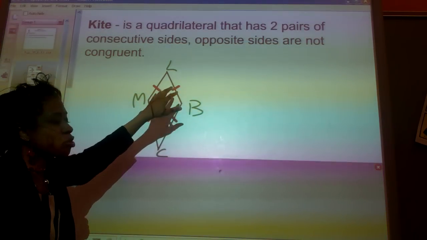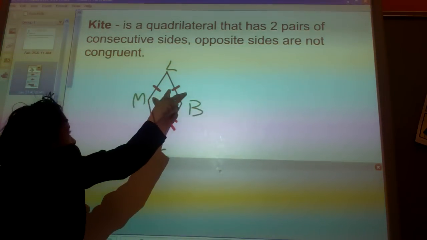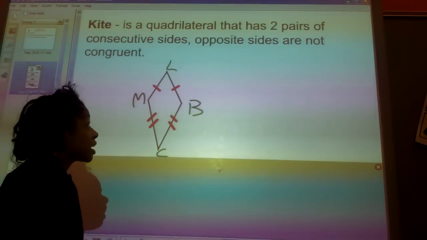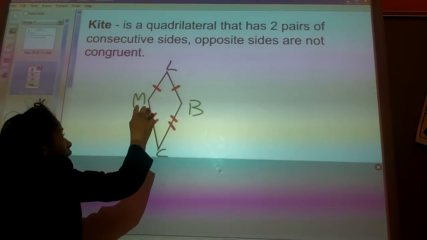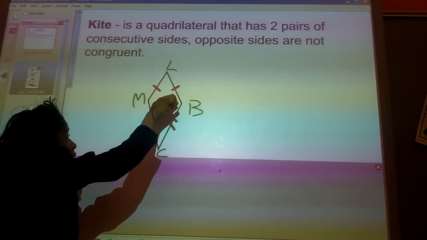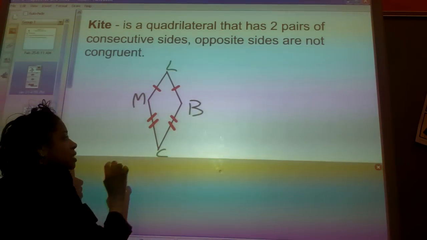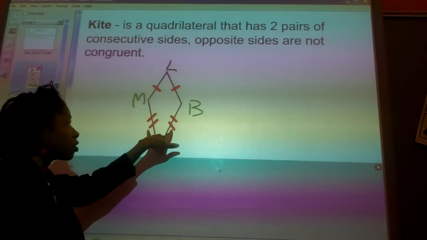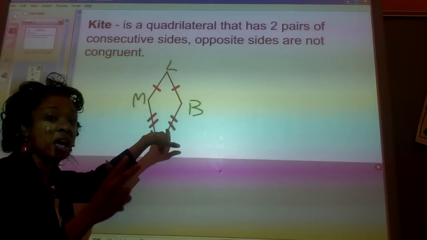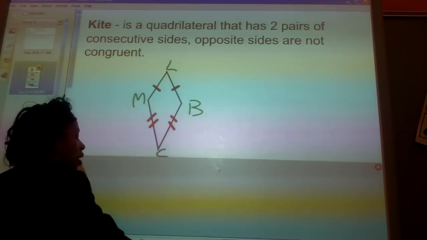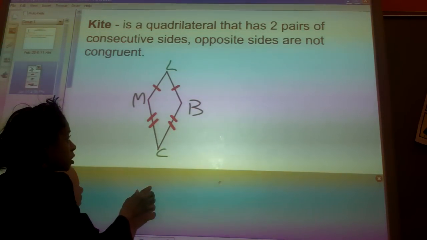You need to make sure you look at which consecutive legs are congruent to one another. So ML and BL are consecutive congruent legs on a kite, and BC and MC are the second pair of congruent sides on this particular kite.